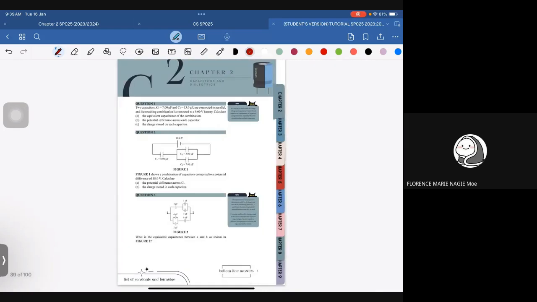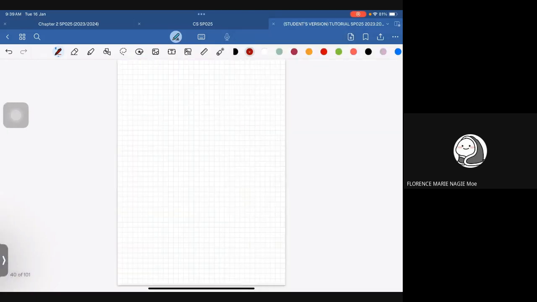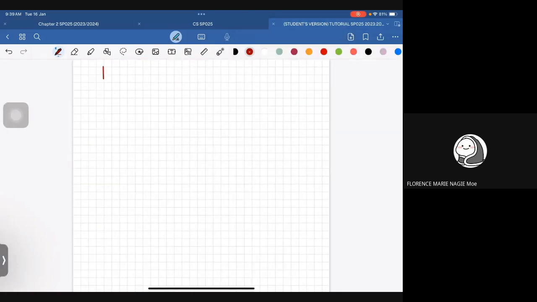So soalan B ni dia minta kita cari the charge stored in each capacitor. Okay, so kalau dia minta charge stored in each capacitor, kita tengok ni in reverse. Okay, so sekarang ni instead of kita tengok dari awal, kita tengok secara reverse.